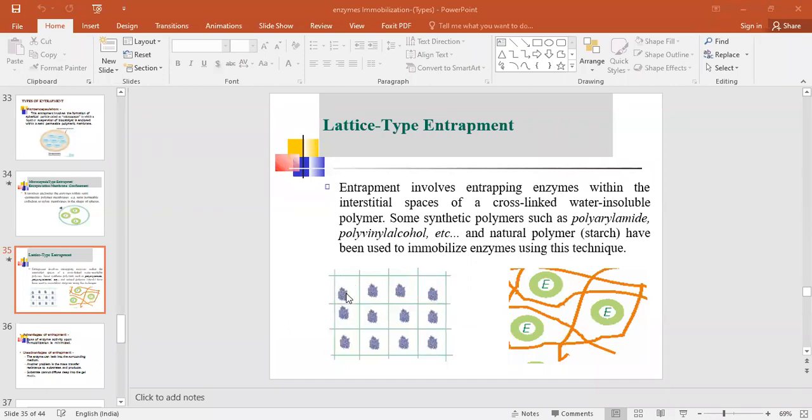In between the squares, this space is known as interstitial space. In this interstitial space you have to entrap your enzyme. These squares, this green color one, are your polymers. Some synthetic polymers like PAG and PVA, and starch materials, are used to form this cage-like structure.